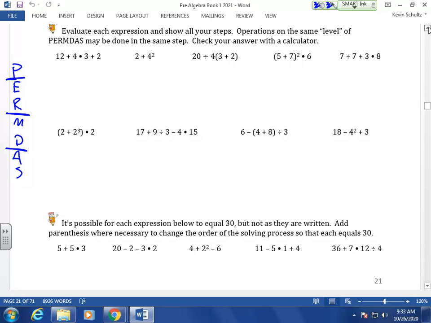So what I would like to see on your page is underlining the 4 times 3 to show that you're doing that step first, and then rewriting the equation to be 12 plus 12 plus 2. Okay?